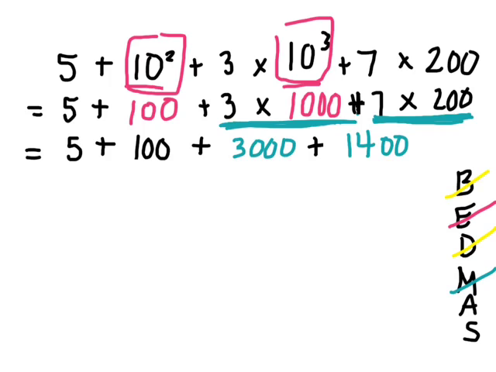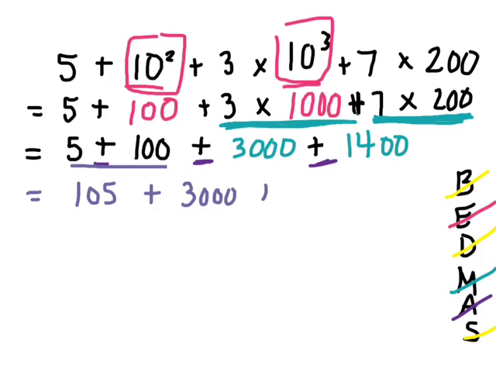Do we have any addition? Yes, we do. Do we have any subtraction? No. What's left? Just addition. Okay, so now we're just going to add. This one was pretty easy too because we didn't have any subtraction. So let's add. What is 5 plus 100? 105. Okay, so then I'm going to take 105 and add it to 3,000.